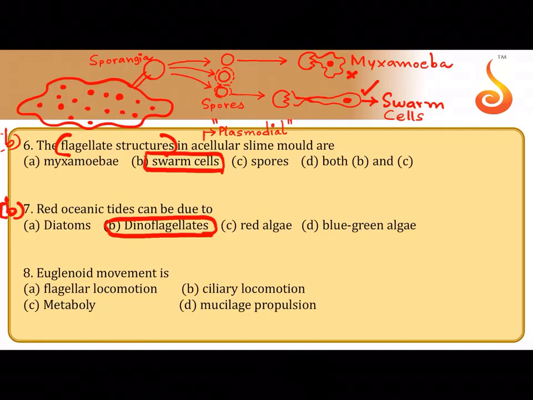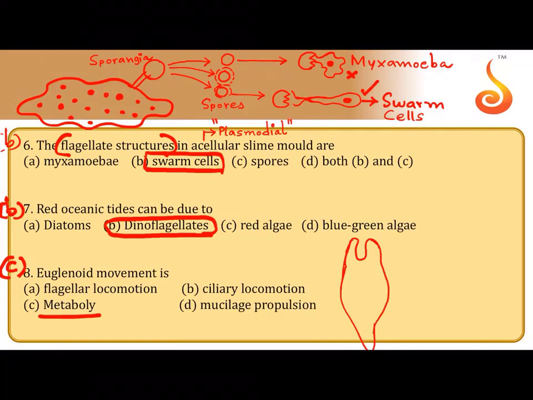Euglenoid movement is called metaboly. So it is the third option, even though you would like to call it flagellar motion. Flagellar locomotion is because of the whip-like flagella that it has. And Euglena also, the entire cell of Euglena. Now you know how a Euglena looks. It is a single-celled organism, and on the surface, just below the plasma membrane, it has a proteinaceous layer called the pellicle.